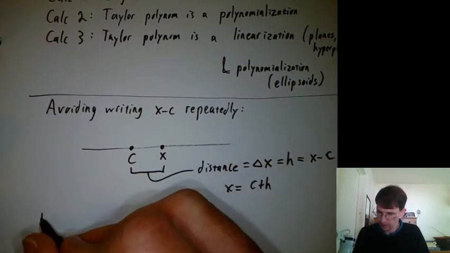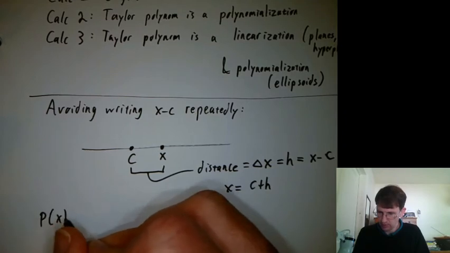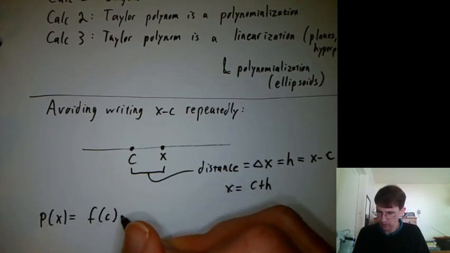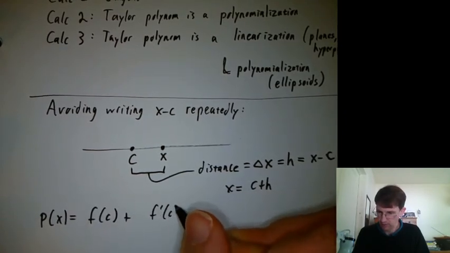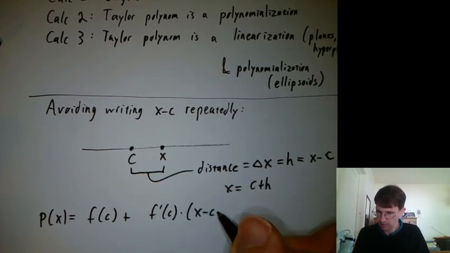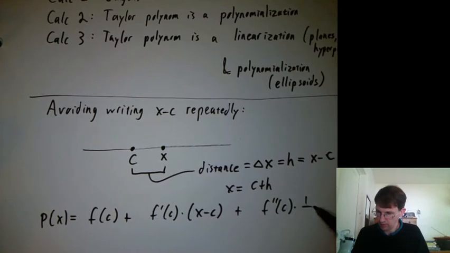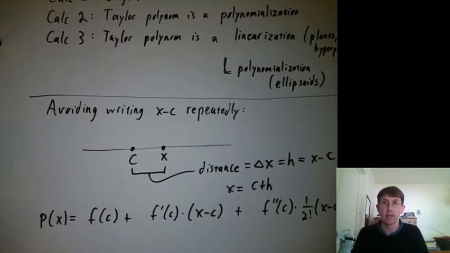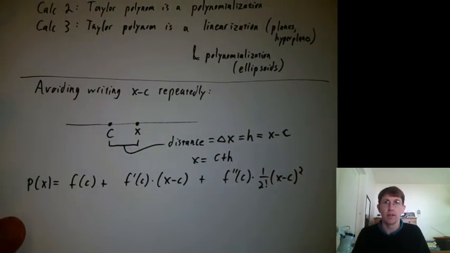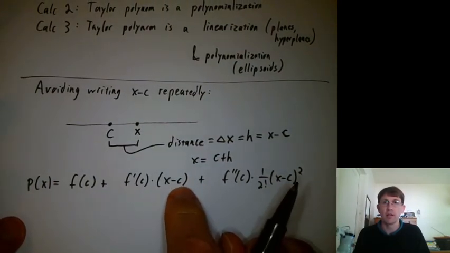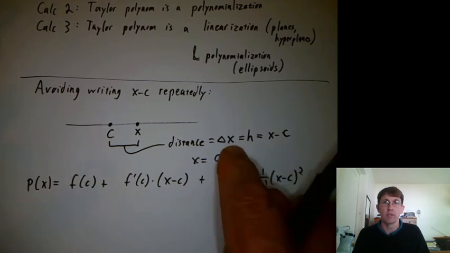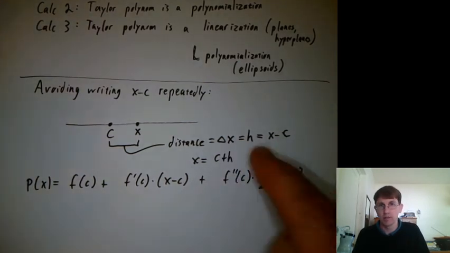So instead of writing p of x equals f of c plus f prime of c times x minus c plus f double prime of c times 1 over 2 factorial x minus c squared, etc. Anywhere you see an x minus c here, you can replace it with delta x or h. h is even shorter to write.